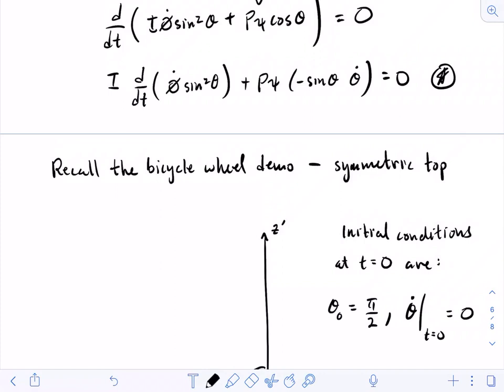When we put in the initial conditions that theta is pi by 2, then sine theta just becomes a 1. And then we have a theta dot over here, which at t equals 0 was equal to 0. So this theta dot is going to vanish, and the sine thetas are going to become 1s.